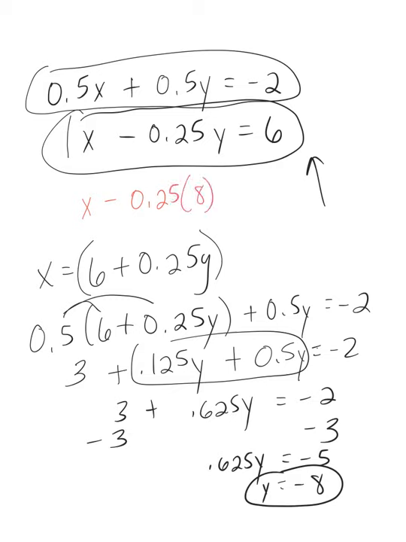Plug in negative 8 for y, multiply 0.25 times negative 8, I get negative 2. x minus negative 2 equals 6. This was a negative 8, and a negative makes it positive. So I'm going to subtract 2, x equals 4. My ordered pair is 4, negative 8.